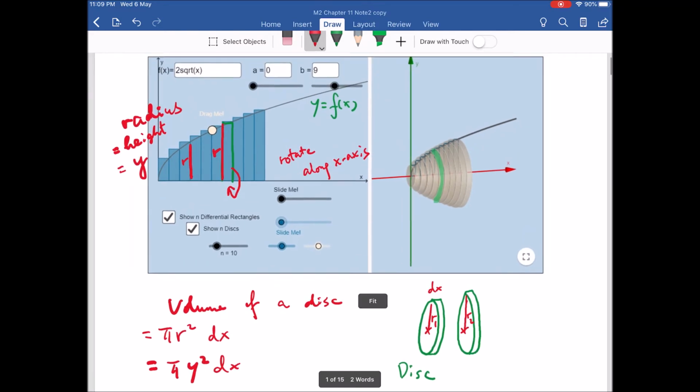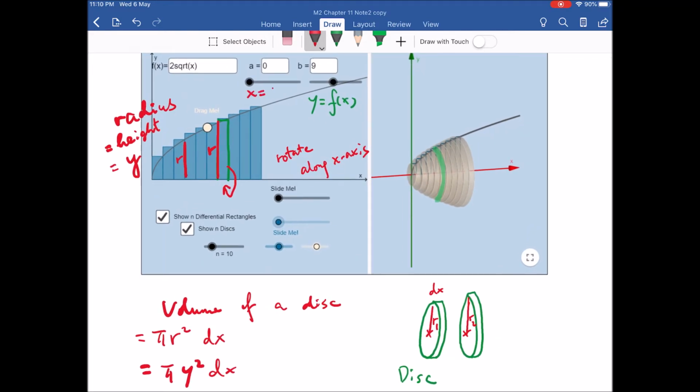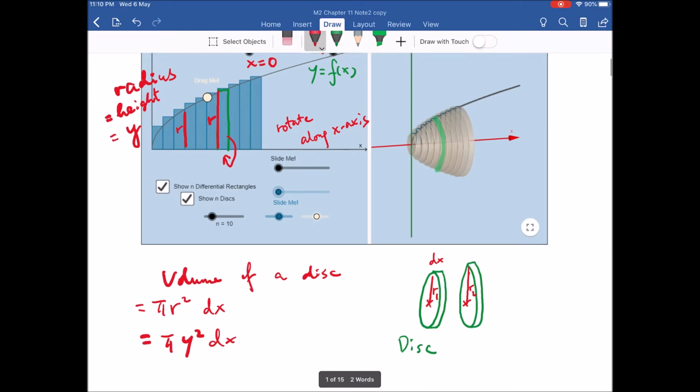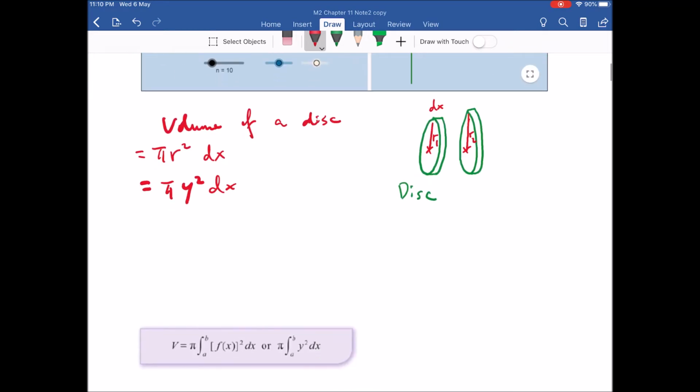But you know that this is integrated from x equals 0 to x equals 9. So the volume is the integral from 0 to 9 of pi y squared dx. But you cannot integrate because here you have different variables.